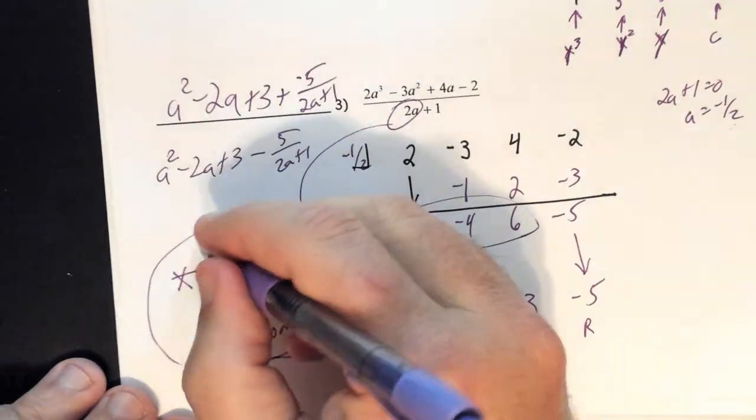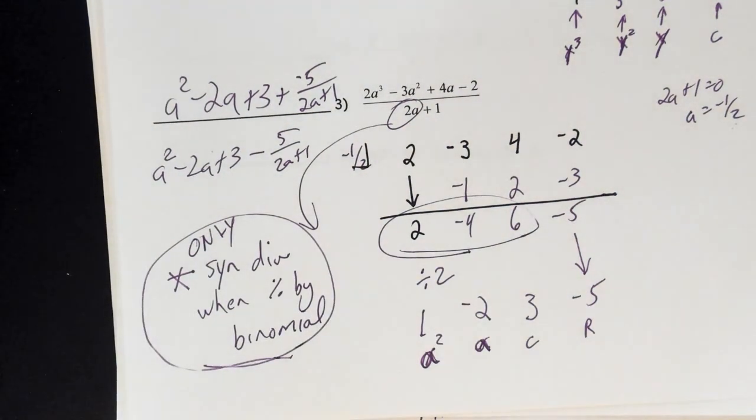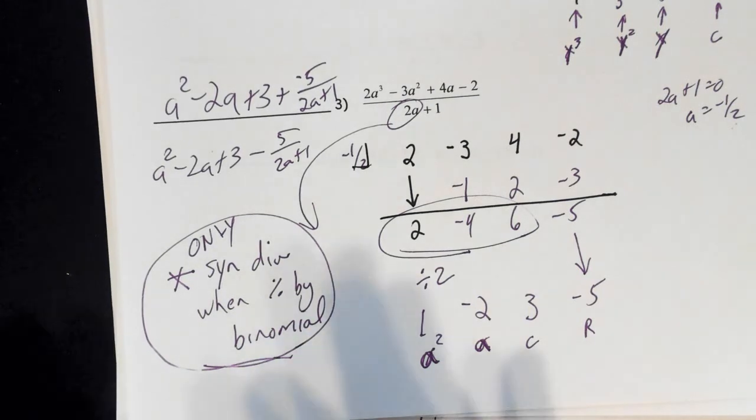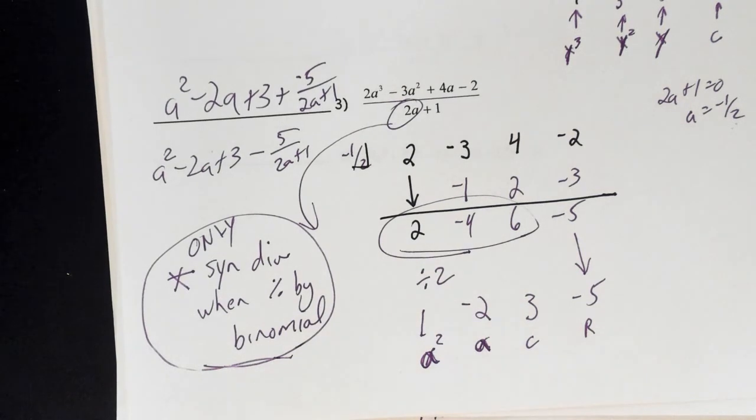You cannot divide by trinomials or anything like that. So it doesn't work on some things, and you do have to long divide. Okay? All right, hope this helps. Try the exercises.